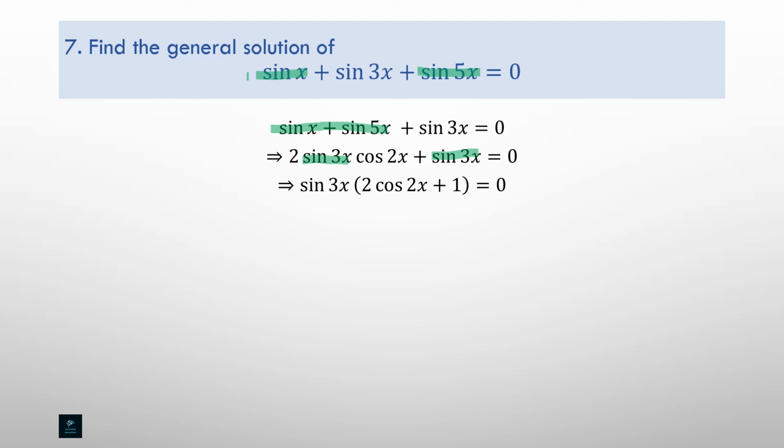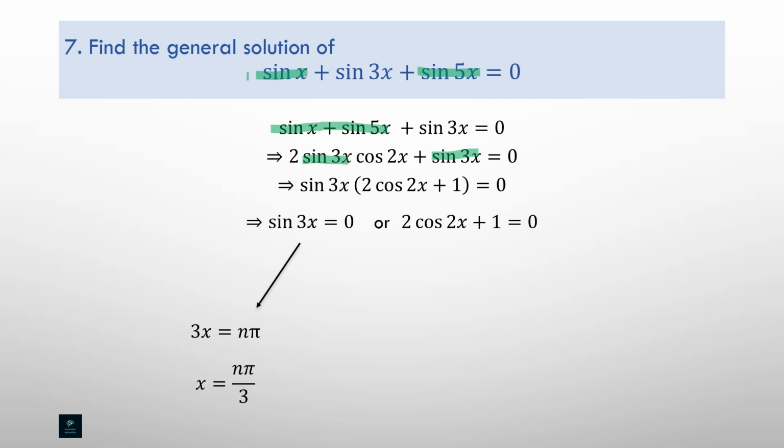From this we conclude that either sine of 3x is equal to 0 or 2 cos 2x plus 1 is equal to 0. From sine of 3x equal to 0 we conclude that 3x is equal to n pi, as sine of n pi is equal to 0. This means that x is equal to n pi by 3. From 2 cos 2x plus 1 equal to 0 we get cos 2x is equal to minus half. Now cos is minus half at angle 2 pi by 3.